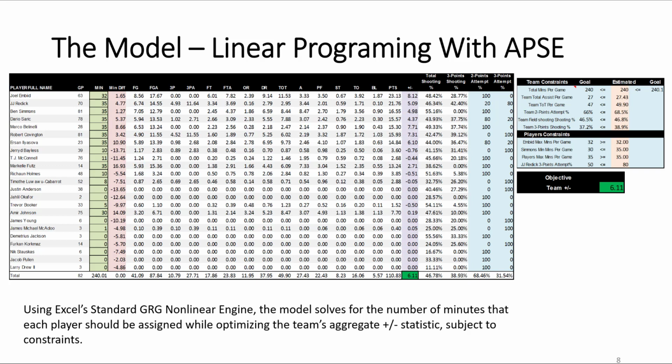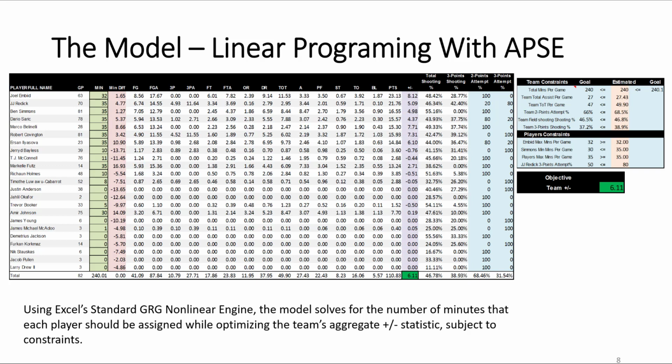Using the Excel Solver and the standard GRG nonlinear engine, the model solves for the optimal number of minutes per game played per player while maximizing the team plus minus.